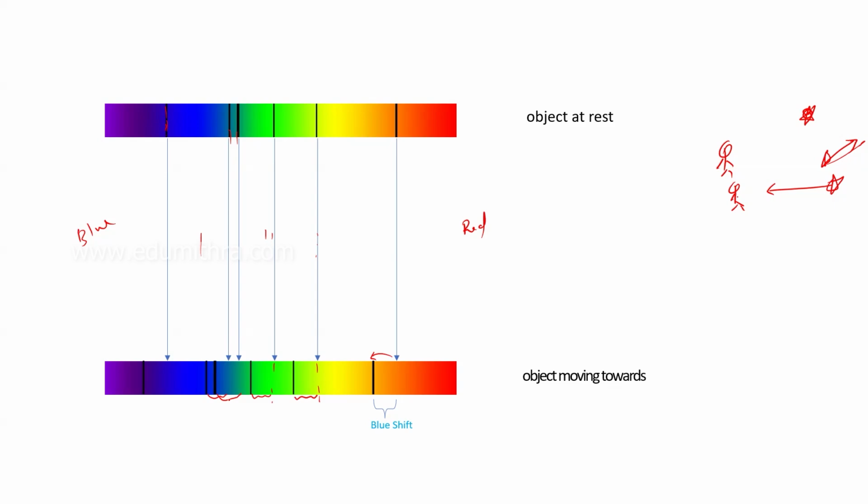And for some nearby galaxies, especially the Andromeda galaxy, when he observed, its spectral line is actually shifted towards the blue.